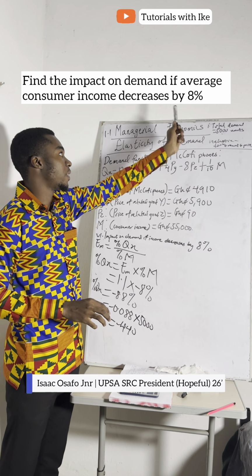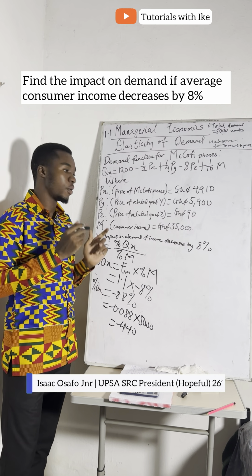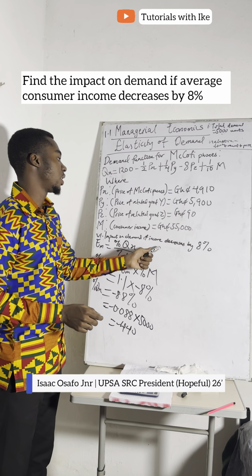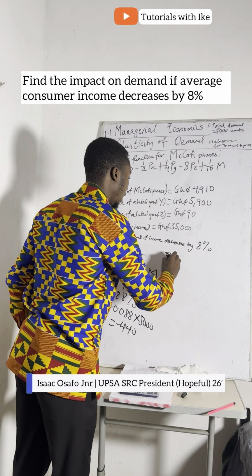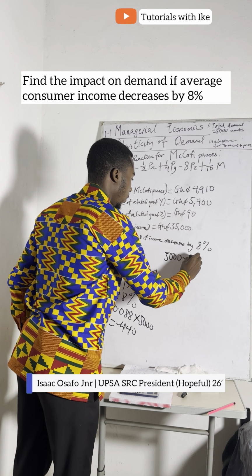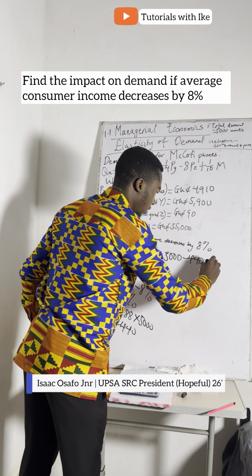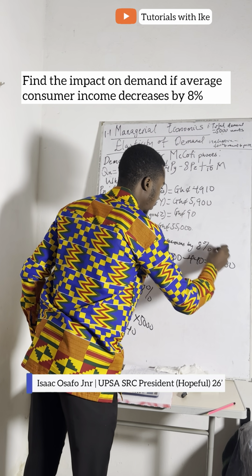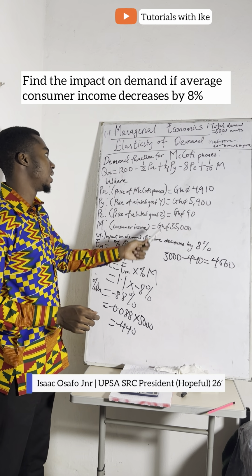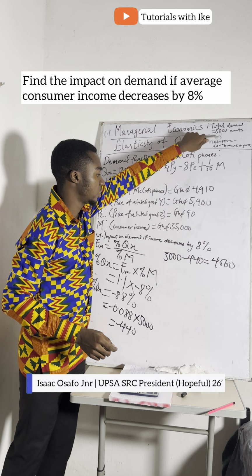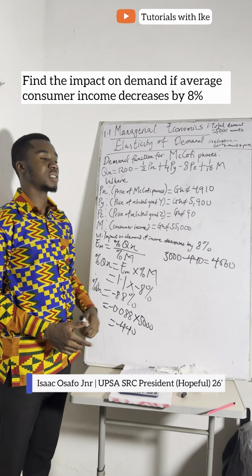So we are going to get 5,000 minus 440, and this would give us 4,560, right? This means that demand decreases from 5,000 to 4,560 when the income decreases by 8%.